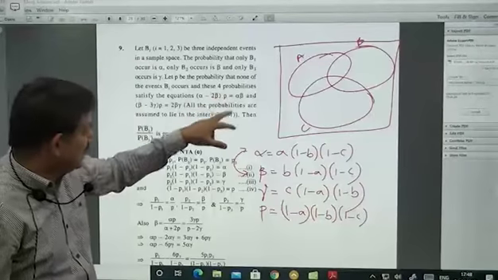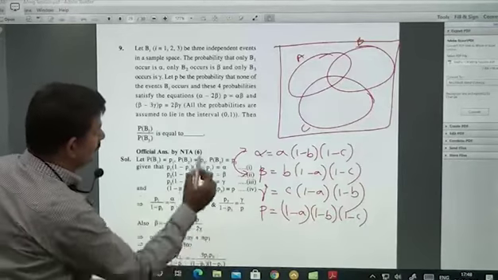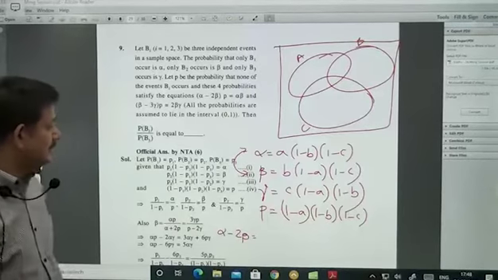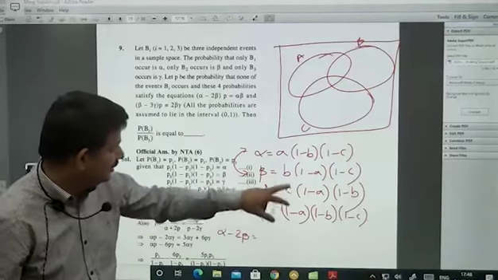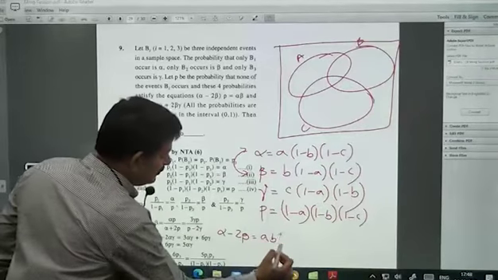P will cancel in alpha beta. What is alpha beta divided by P? Alpha minus 2 beta is equal to alpha beta divided by P. The (1 minus A), (1 minus B), (1 minus C) gets cancelled. It is AB into (1 minus C).